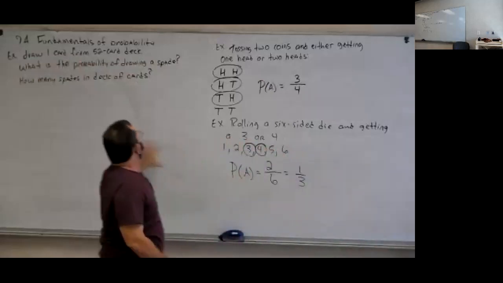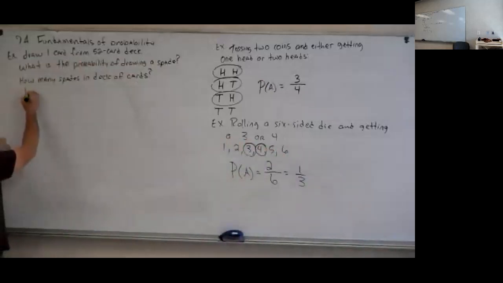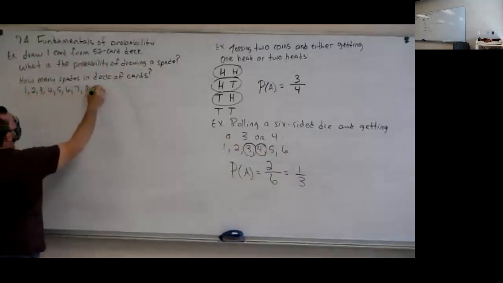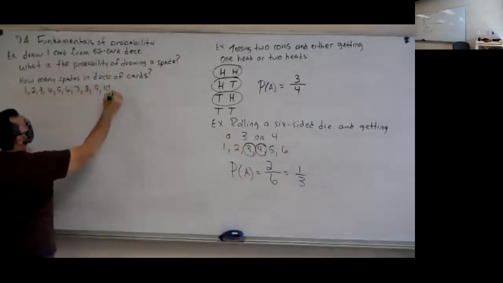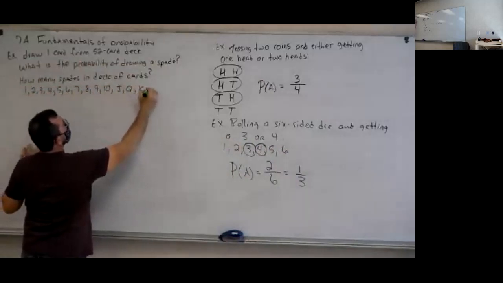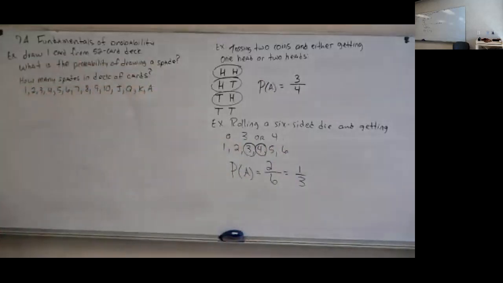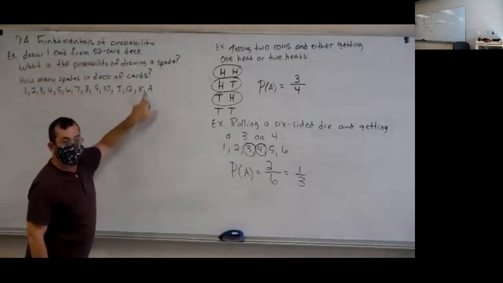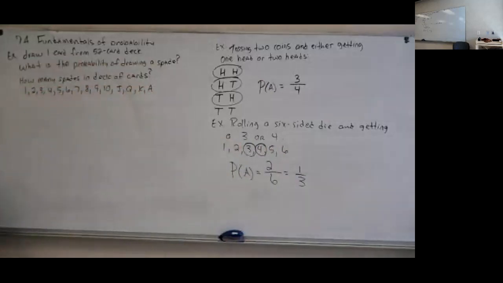You can have 1, 2, 3, 4, 5, 6, 7, 8, 9, 10, then a jack, queen, king, and an ace. So let's see, 1 through 14. So there's 14 ways to get a spade in cards.